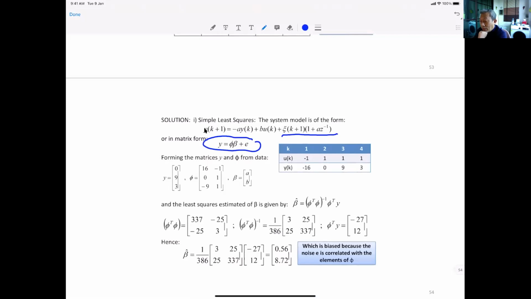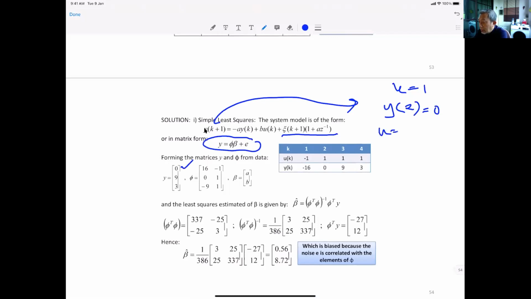So we have to compute the y first. As usual, we start with k equal to 1, so y k plus 1 is y2. We follow these equations, and y2 is here, which is 0.